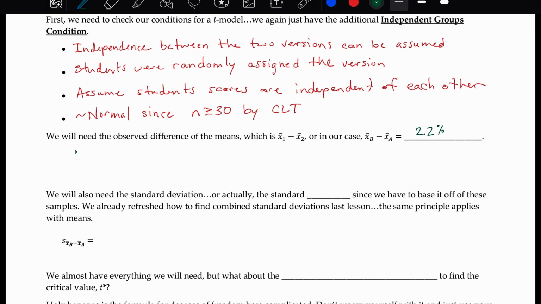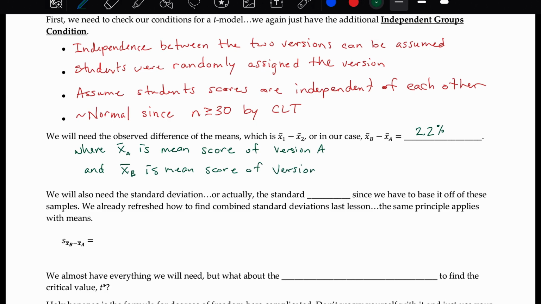And we're going to define our variables, where x bar sub a is the mean score of version A, and x bar sub b is the mean score of version B.